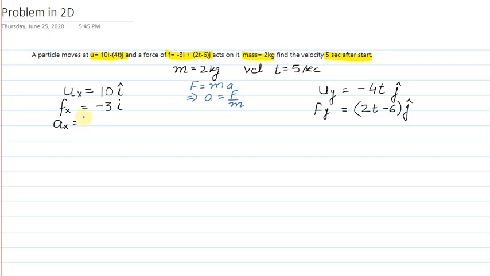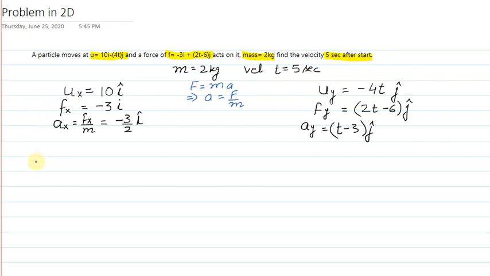So ax = Fx/m. M is 2 kg, so it is -3/2 i, and similarly ay is F divided by 2, which becomes (t - 3) j. Now we are doing this 2D problem by splitting the x-axis and y-axis. We'll solve them separately and then we'll combine them.